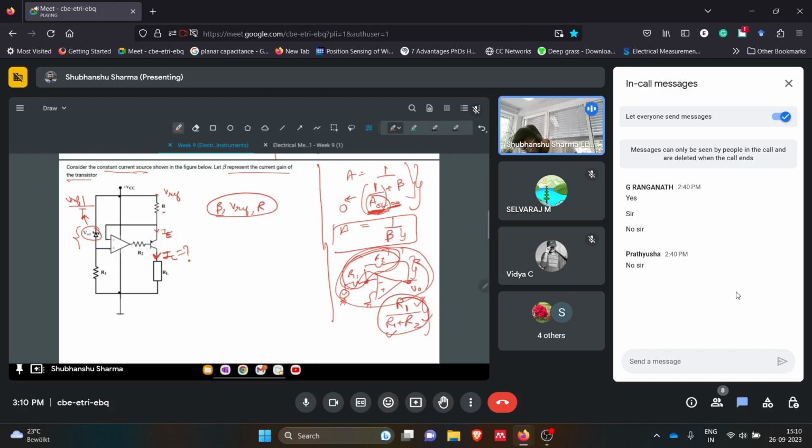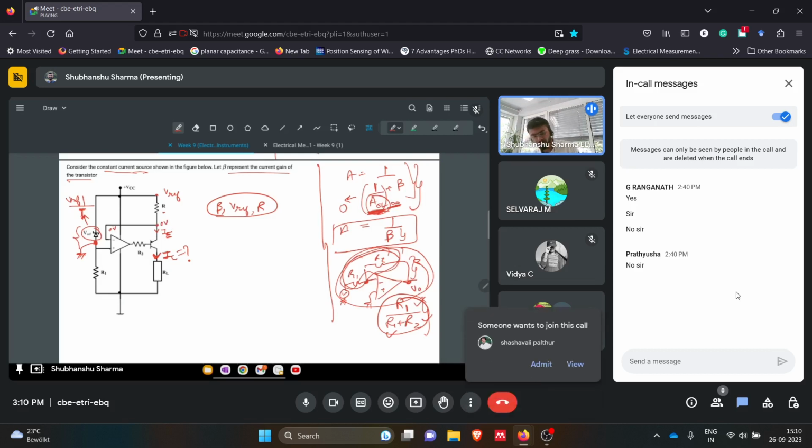We consider this part to be at ground potential, because this will also be at ground potential, 0 volt, because of virtual short.